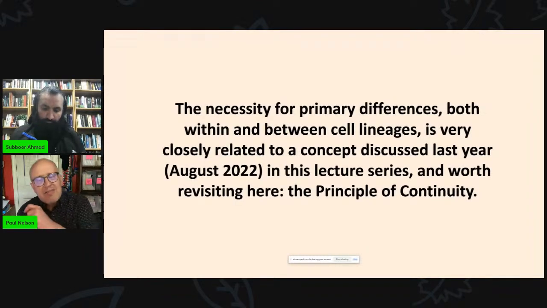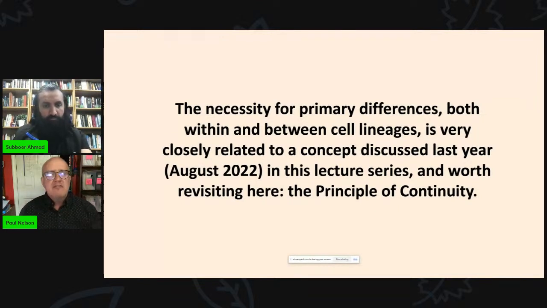So let's tie this now into what I call the principle of continuity, because it's very closely connected to how we're going to understand homology and the demands that biology makes on our understanding of homology and its contrast classes, homoplasy and what I'm calling divergence. So if you go to the YouTube page that Subor maintains, in August last year, I talked about this in more detail than I'll be able to do today.